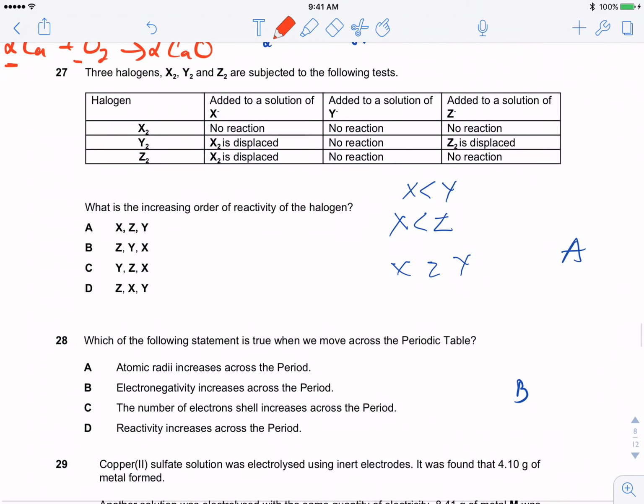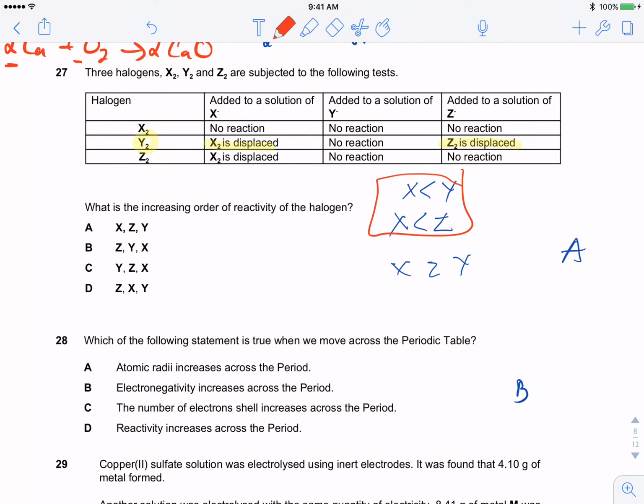Question 27. 3 halogens are subjected to the following test. Now for this kind of reaction, I always like to draw this kind of diagram. So remember that a more reactive halogen displaces a less reactive halogen from its halide solution. So Y is able to displace X and Z from their solution.